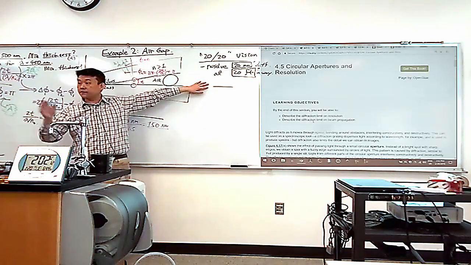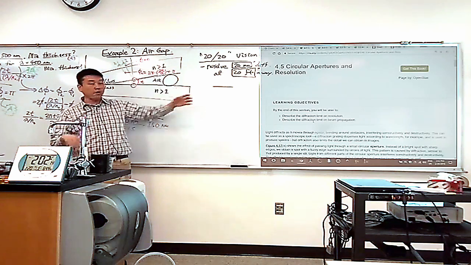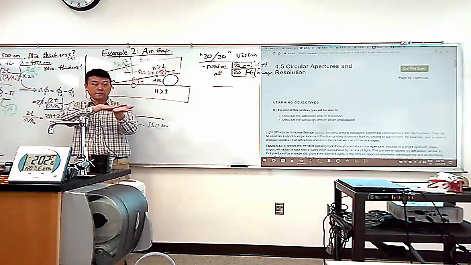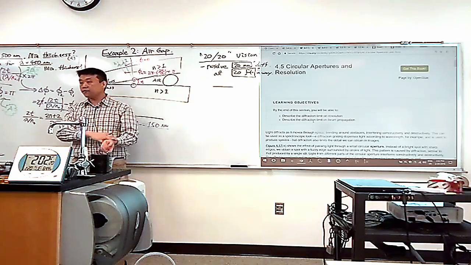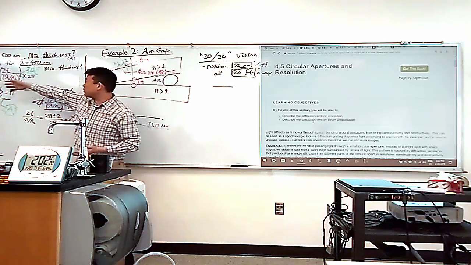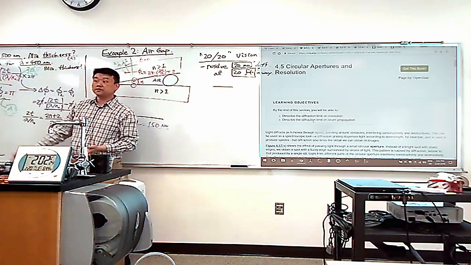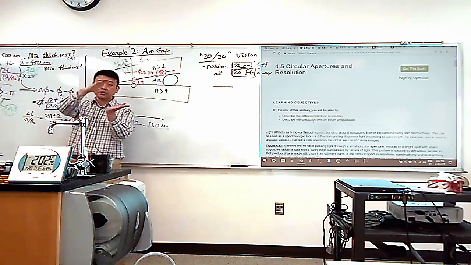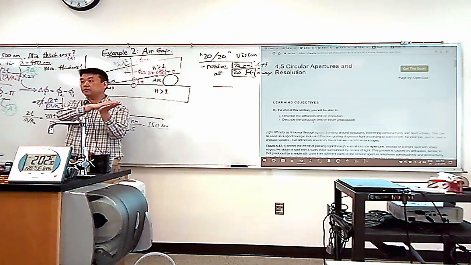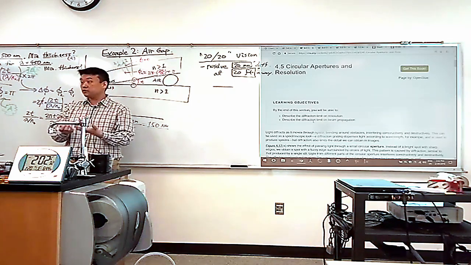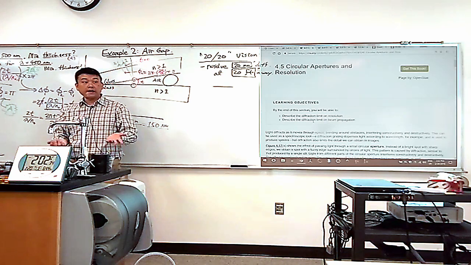There was no fundamental limit to how small a thing you could resolve. But what the wave nature of light tells you is that there is a fundamental limit. There's a particular size of thing that you can tell apart, given some physical characteristic of your measuring device, and that's it.